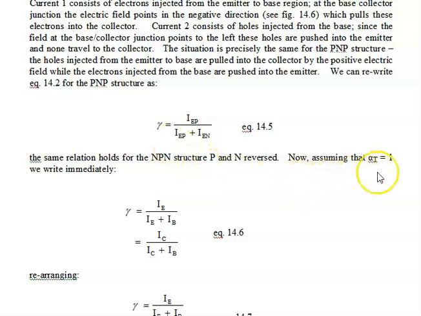Okay, so if we assume the transport factor is 1, then we have the emitter efficiency. In this case, this is the definition, IE over IE plus IB, but since IE and IC are the same, we can substitute IC wherever we see IB.